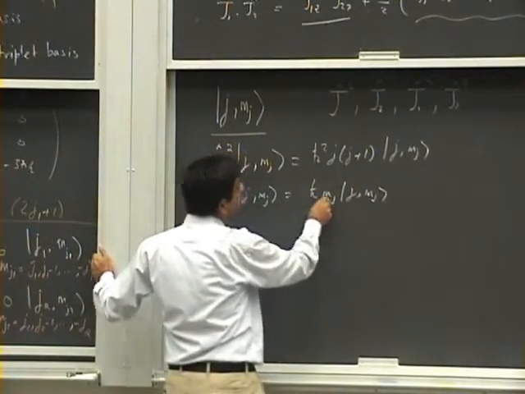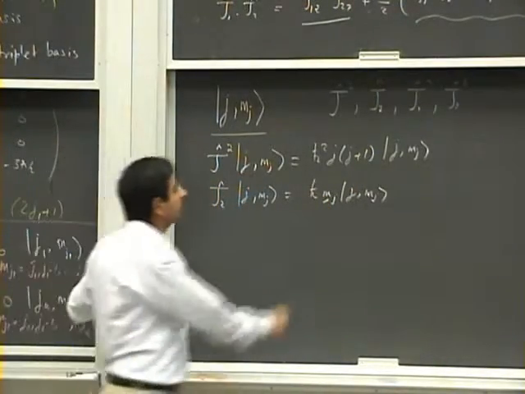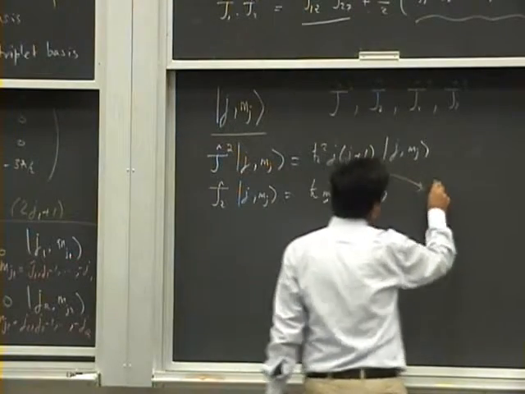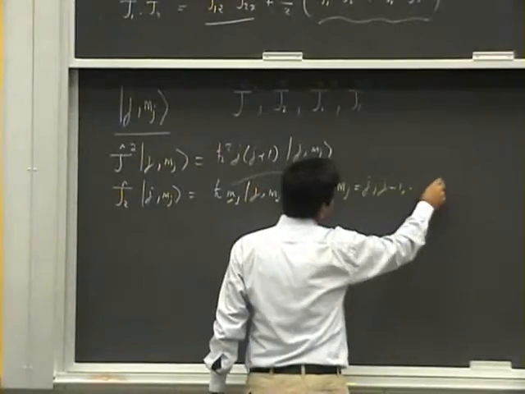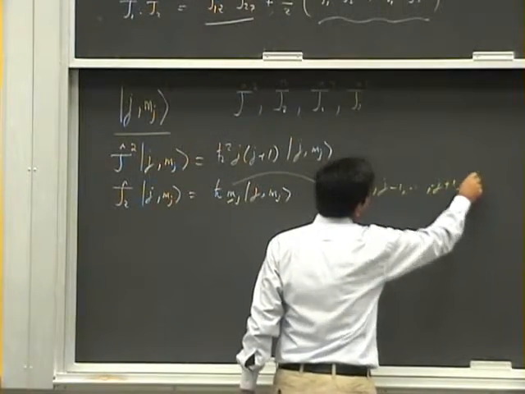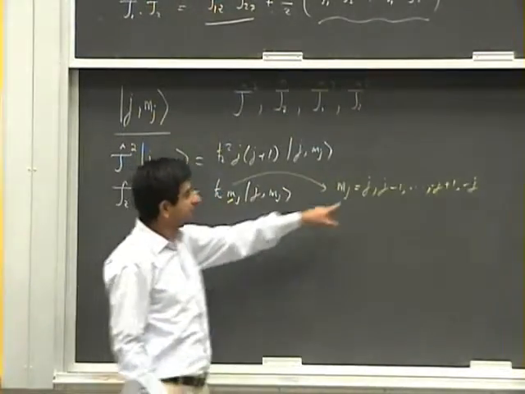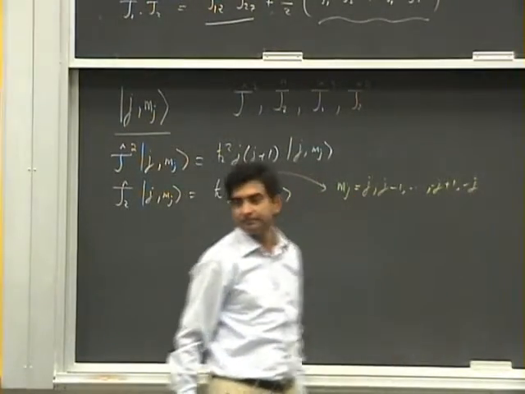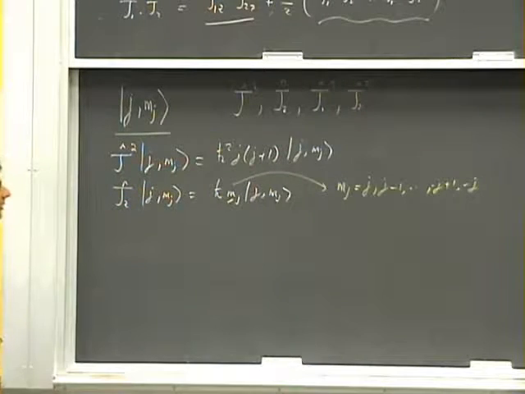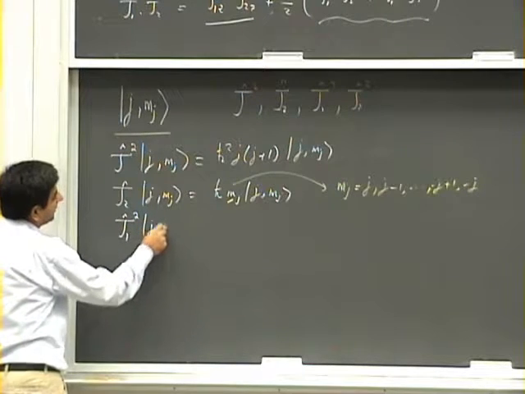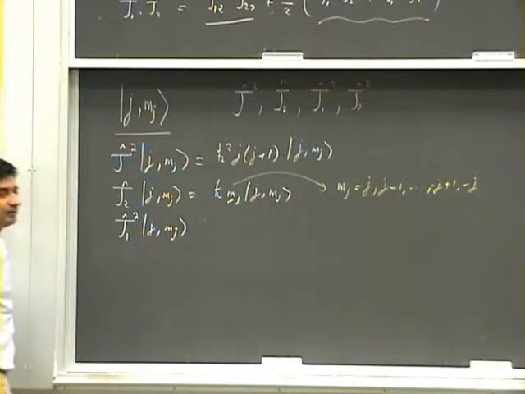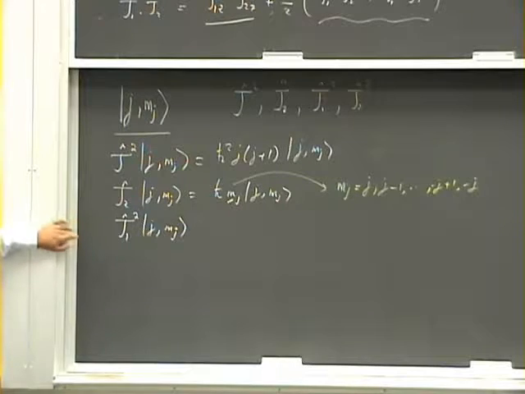Now what are the possible values of mj? From our theory of angular momentum operators, we know it is given by j, j minus 1, all the way down to minus j. So it decrements by 1. Its extremal values are j and minus j. Now let's see what happens when J1 squared acts on |j, mj>. One has to find the magnitude square of the angular momentum of the first particle only.